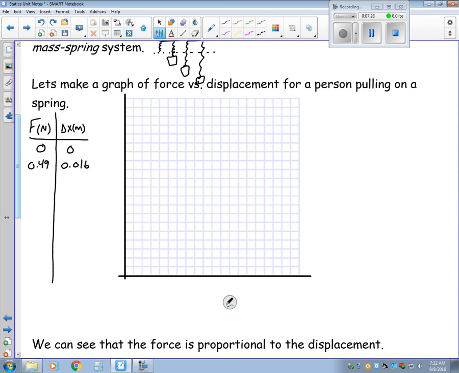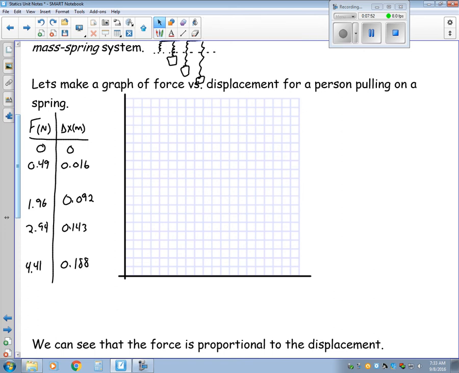I'm just going to put down some of these data points. There were more data points, quite a lot of them.